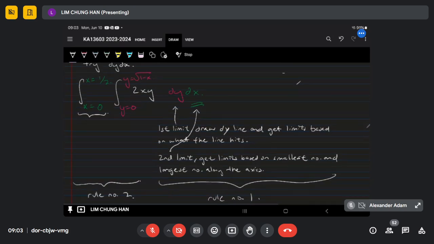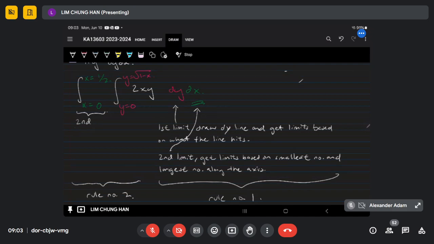Rule number 2, you just have to make sure the outer limits, the second limit, the second integral, the second limits is always pure number only.